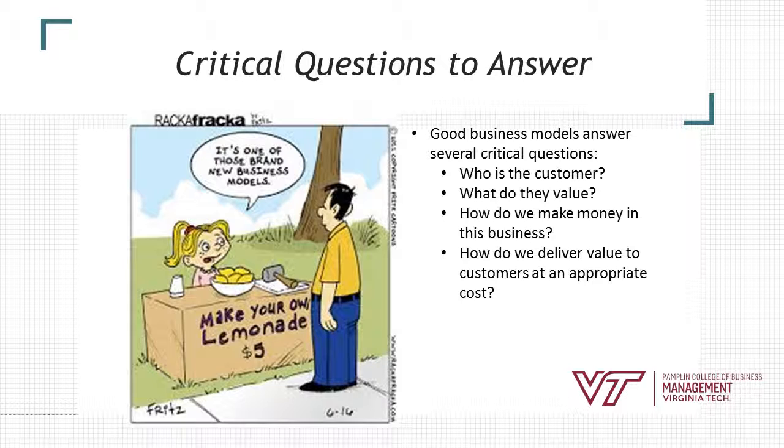And certainly if we don't have the first two right, customer and value, it's going to be very difficult to understand how we're going to make money, okay? And then last here on this particular discussion point is how do we deliver that value, right? How do we get to market? Through those means, and then what's the cost?